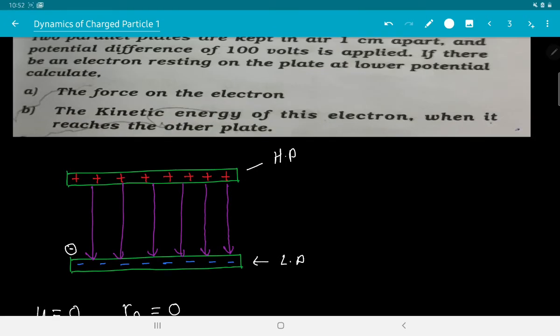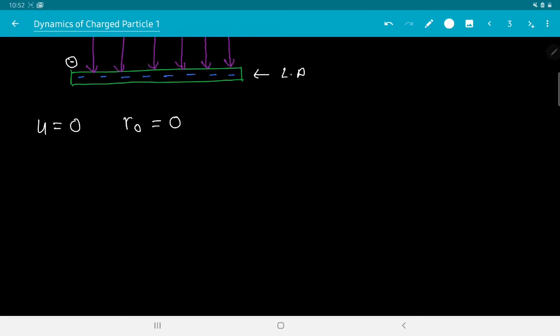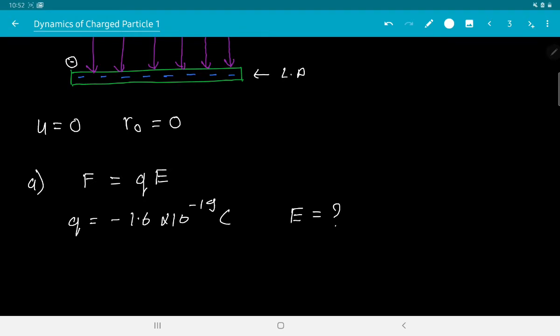Now the first thing they have asked is the force on the electron. To find the force on the electron, we know F is equal to QE. Now Q here is the charge of the electron, that is minus 1.6 into 10 raised to minus 19 coulombs. But they have not given us the electric field.